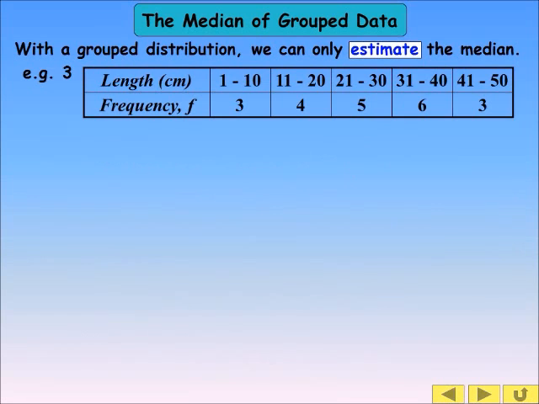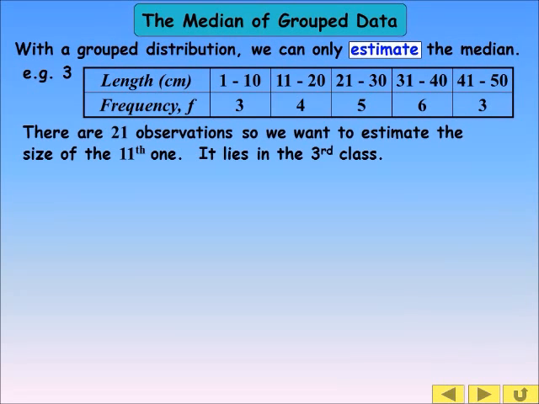Okay, now we go to example 3. Write a group distribution where we can choose only the estimates in the middle. Let you see the table in example 3. How many observations? Yes, everyone. There are 21 observations, because the sum of all the frequencies, 3 plus 4 plus 5 plus 6 plus 3, is 21.